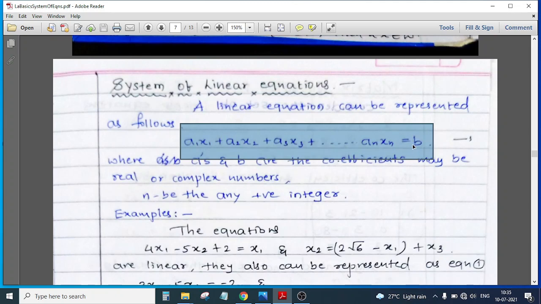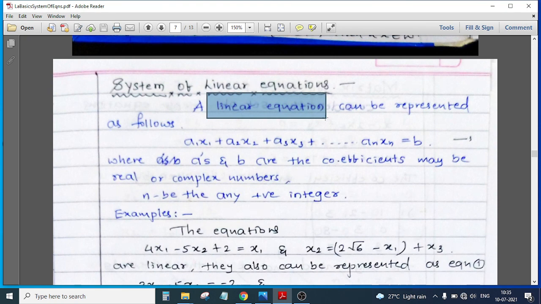So if we are able to write our equation in this form, that is, if we are able to bring all our variables with the coefficients on one hand side and all the constants on the other hand side, then we call such an equation a linear equation. This is the meaning and the definition of a linear equation.